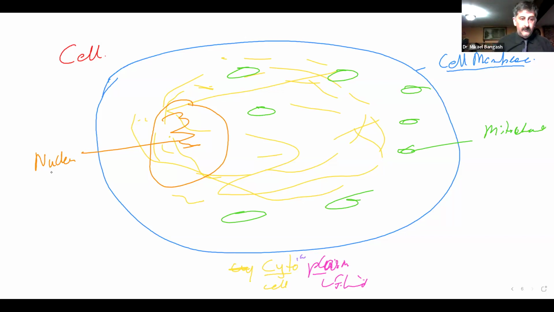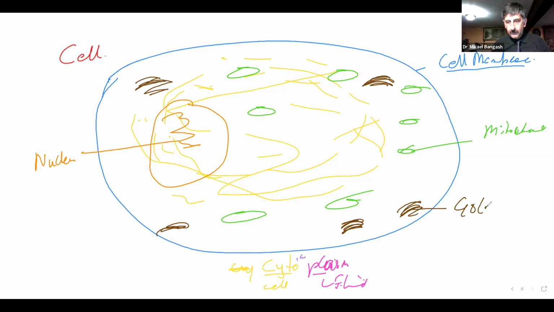We may have something that maybe looks like this, and that's going to be what we'll call the Golgi apparatus.